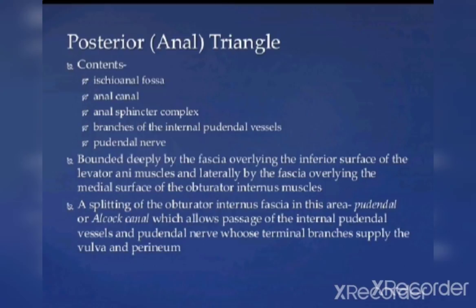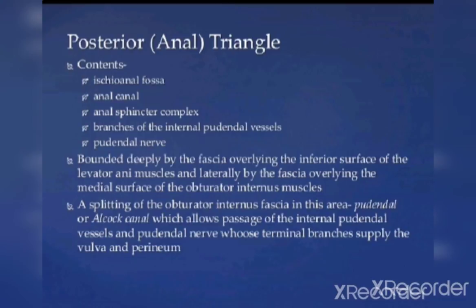So these are the various contents of the posterior anal triangle: the ischio-anal fossa, anal canal, anal sphincter complex, branches of the internal pudendal vessels and the pudendal nerve, bounded deeply by the fascia overlying the inferior surface of the levator ani muscles and laterally by the fascia overlying the medial surface of the obturator internus muscles.